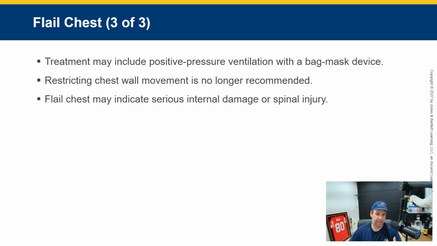Those would be reasons to start bagging a patient. Usually you're going to have more associated symptoms. If you have very low tidal volume, you're going to see changes in the patient's mental status, an increase in cyanosis, and failing SpO2 numbers. All of that plays a role in bagging a patient.